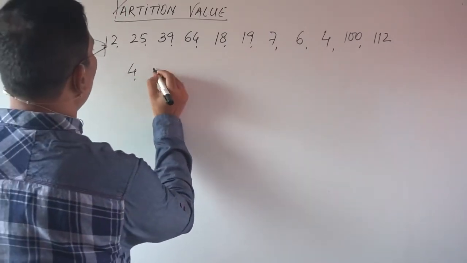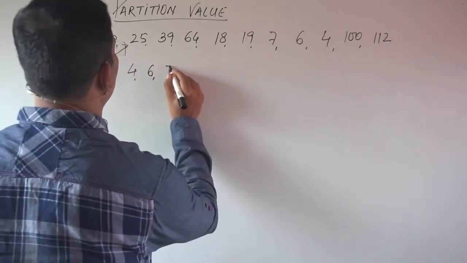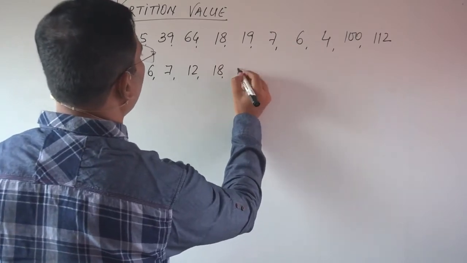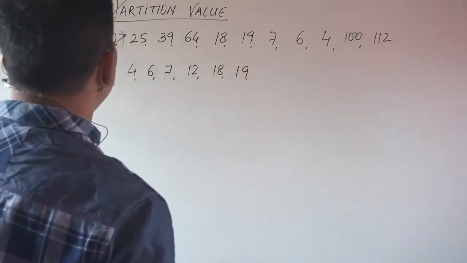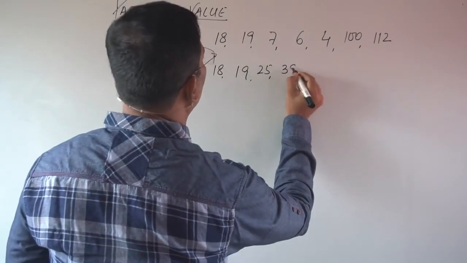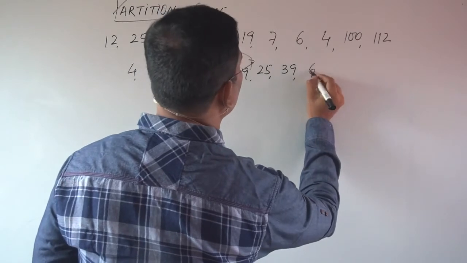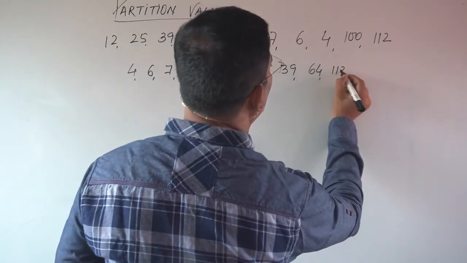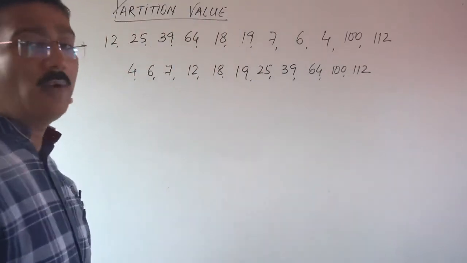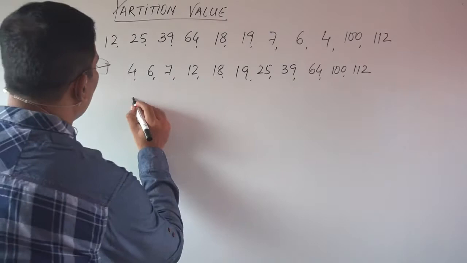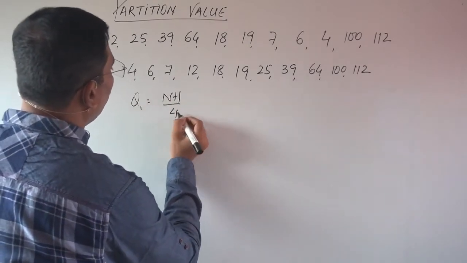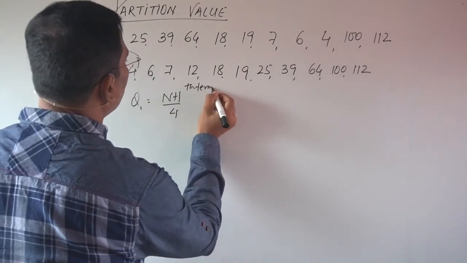So this will be 4, 6, 7, 12, 18, 19, 25, then 39, 64, 100 and 112. You have to calculate the lower quartile, that is Q1 is equal to (n plus 1) upon 4 term.